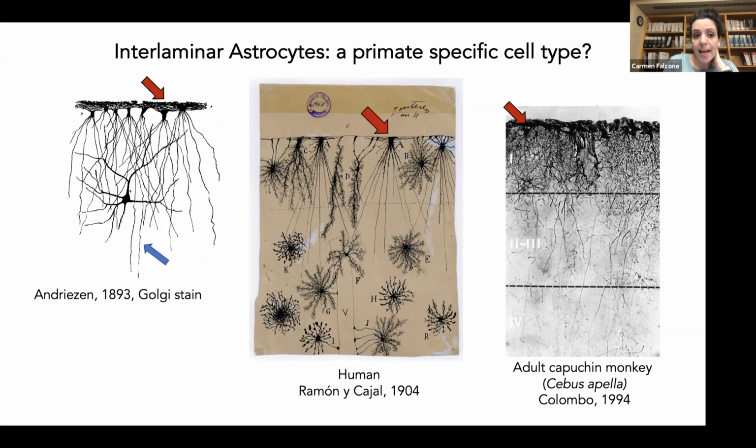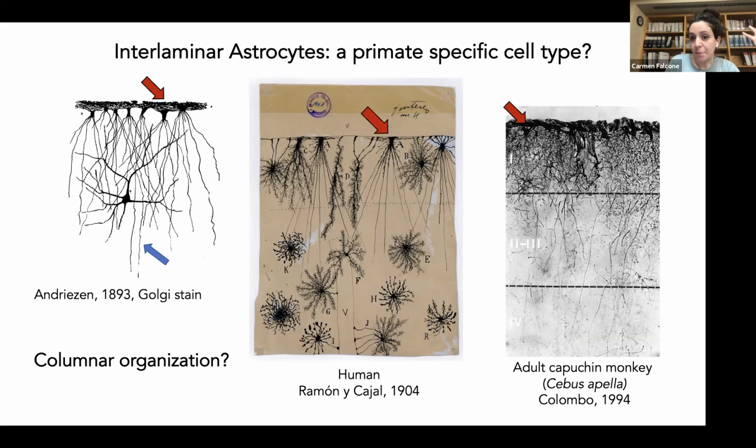And they send down very long processes called interlaminar processes, because they're able to cross different layers, also called lamina. That's why they are interlaminar astrocytes. They can cross many different layers and reach up to layer 4 in primates, so they can go pretty deep in the cortex. But remember that the cell body stays only in layer 1, very close to the pia surface.